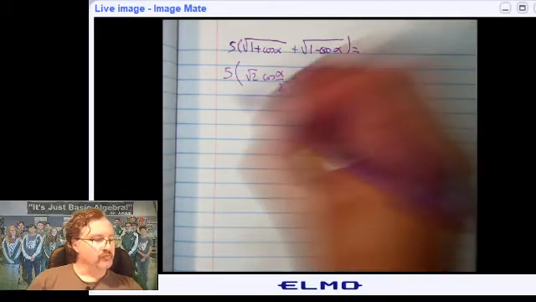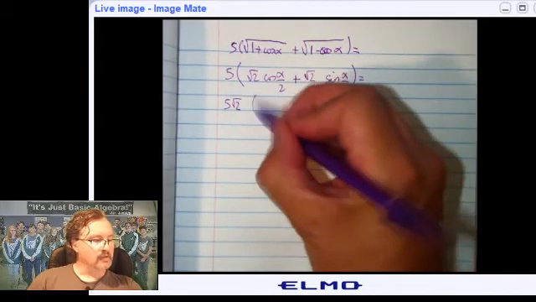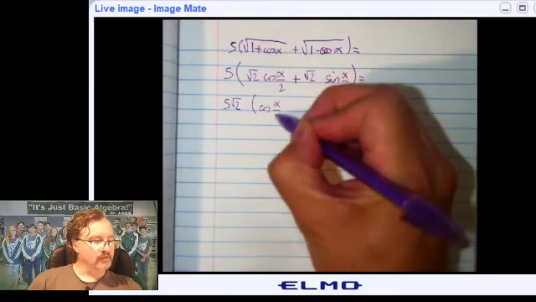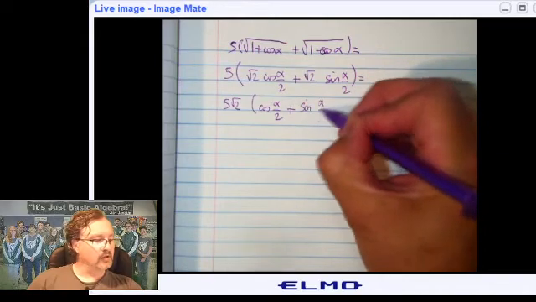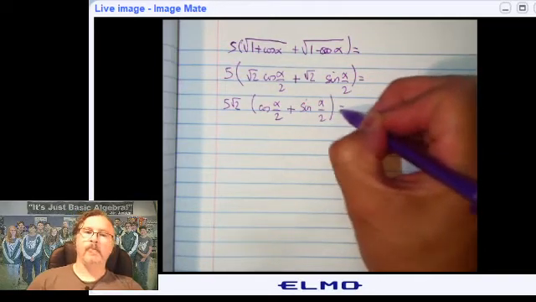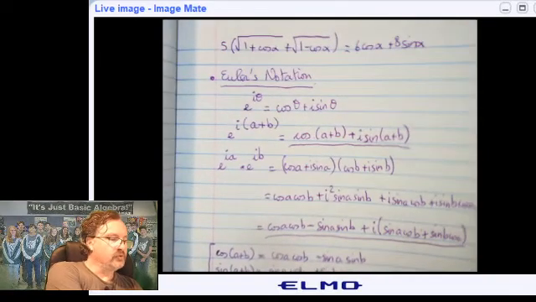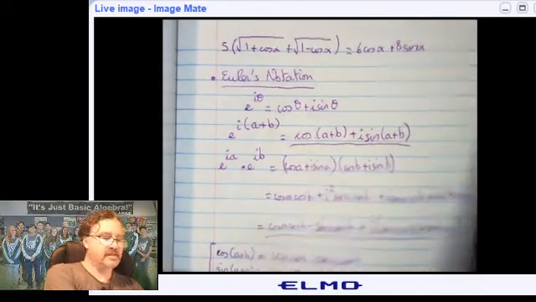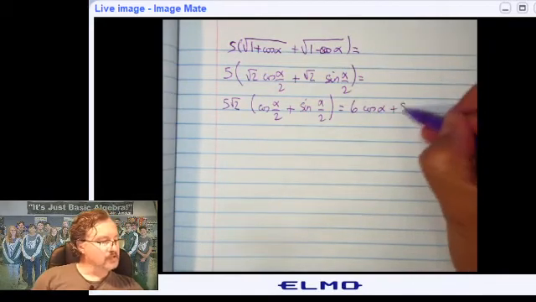So it's going to be 5 root 2 times cosine of alpha over 2 plus sine of alpha over 2. And if you recall, this was equal to 6 cosine alpha plus 8 sine alpha.